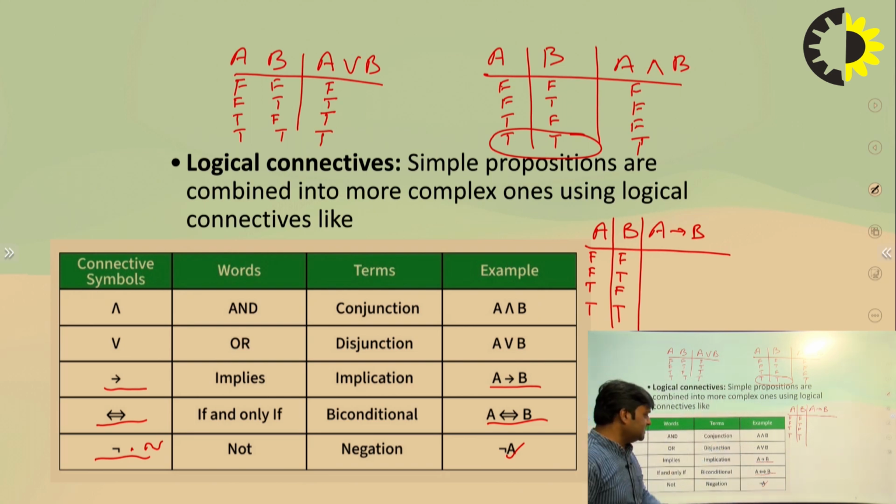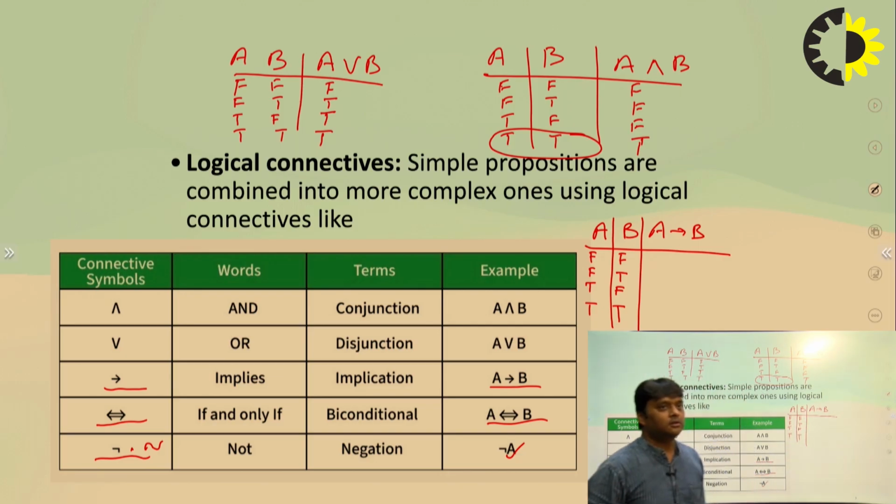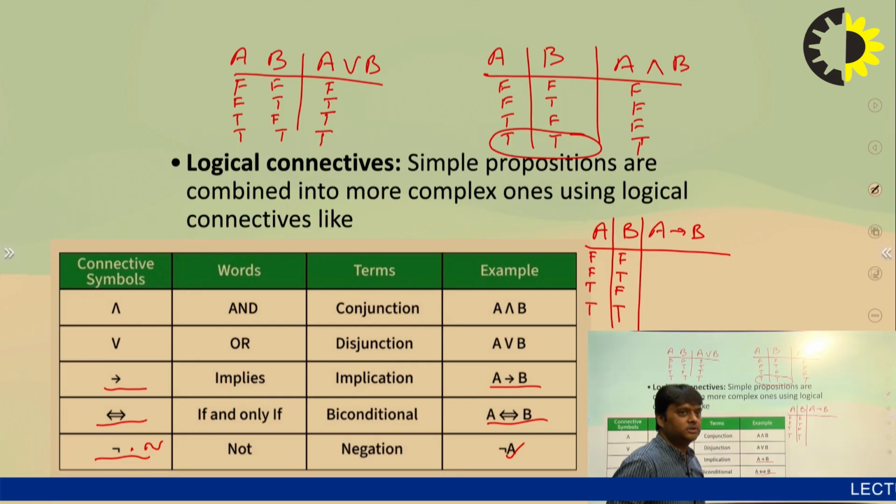In implies, when the first element is false, then the result will be true, or when both inputs are true, then the result will be true.